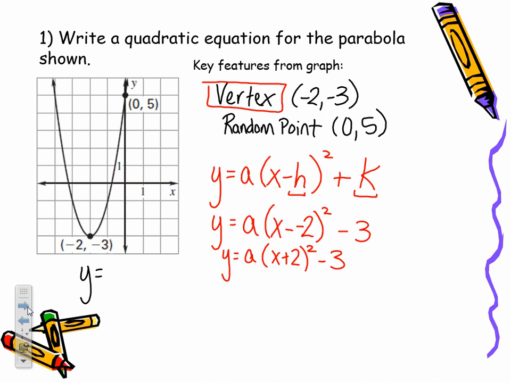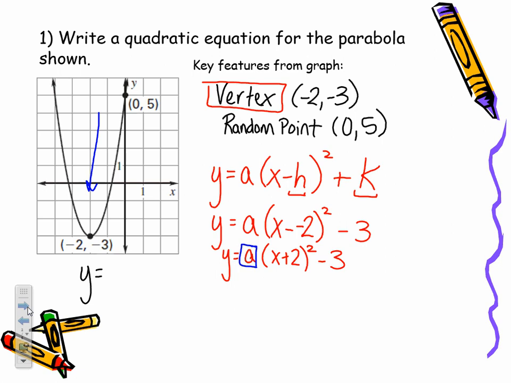So I've plugged in my vertex so far, but there's still this weird little a thing here that we need to figure out, or we need to solve. The general form has an a, but most of our equations might have a 1 there, or a 2 there, or a -1 there. We need to figure out what that value is going to be. It's that value that determines just how low this parabola dips. Okay, and we need to figure out what that value is for this graph that we're given.